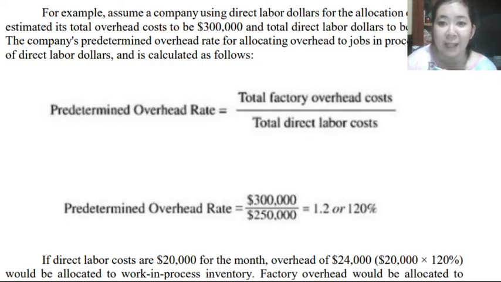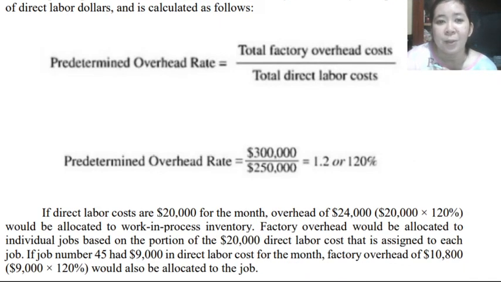So it will give us 120%. Okay. So if the direct labor cost is 20,000 for the month, therefore our overhead is equal to 24,000, or that is 120% of our direct labor in dollars. So that's how we determine the overhead rate and to calculate the overhead to be charged to our job.